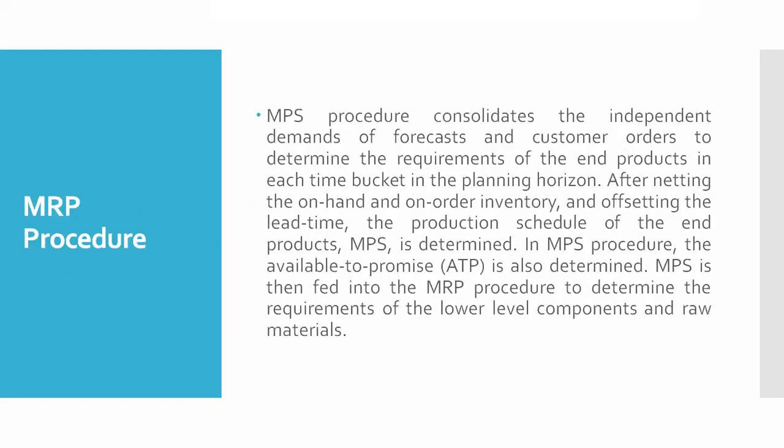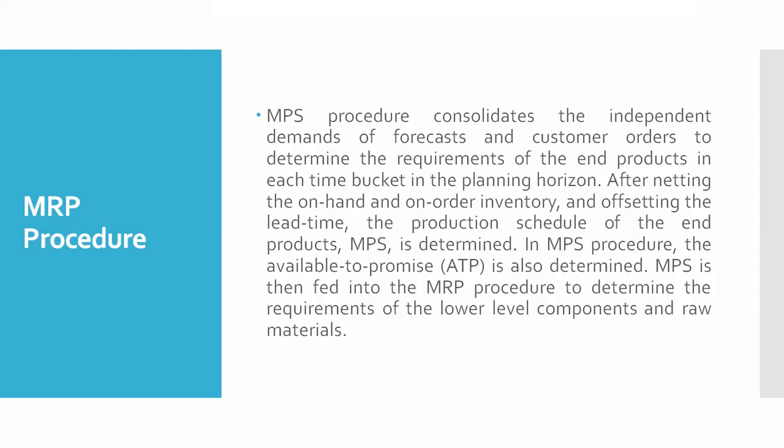MRP procedure. What is the procedure for applying the MRP? So MPS procedure consolidates the independent demand for forecast and customer order to determine the requirement of end product in each time bucket of planning horizon. After netting the on-hand and on-order inventory and offsetting the lead time, the production schedule of the end product (MPS) is determined.